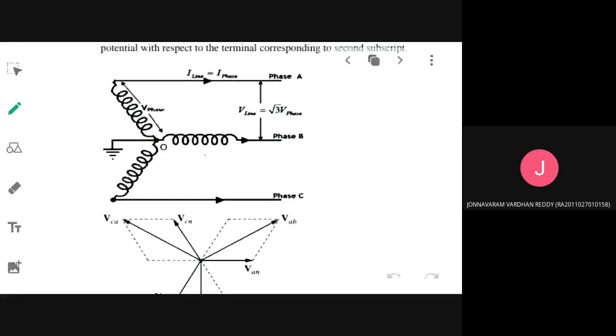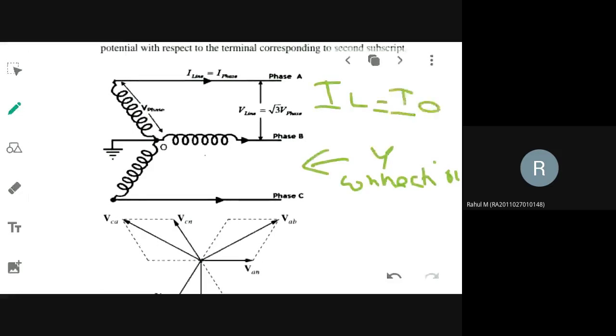This is your star connection, for which I need to derive the relationship between IL and I phase. You already know that line current is equal to phase current, but there is one more relationship. How are VL and V phase related?